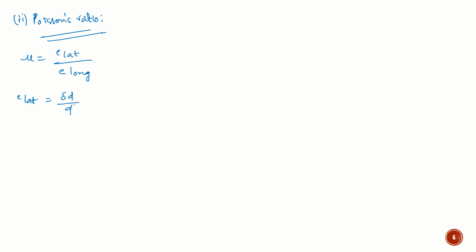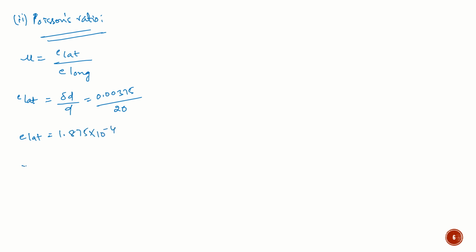Once you get the value of E lateral, you can substitute it in the above equation. It is 0.00375 by, what is the value of the original diameter? It was 20. So you get the E lateral value to be around 1.875 into 10 power minus 4.